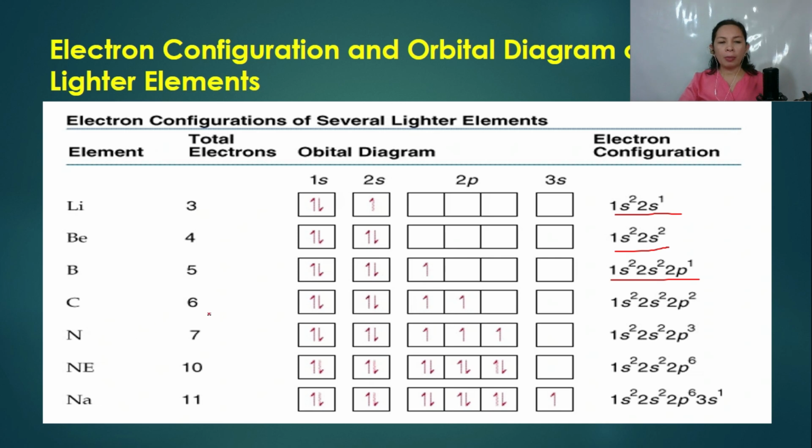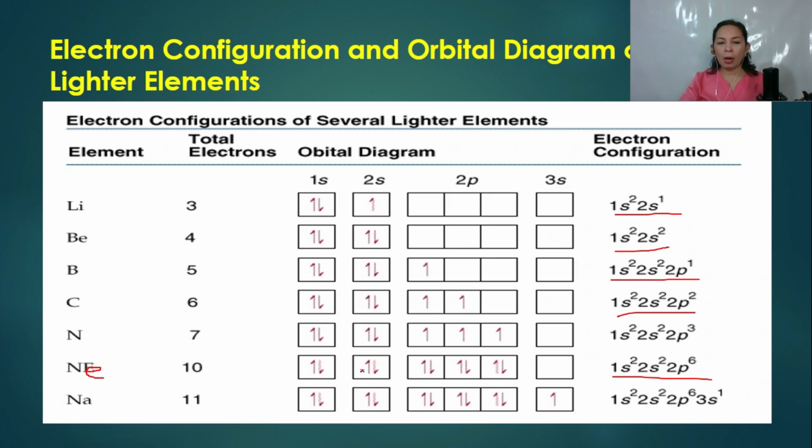For carbon, we have 6, and this is our electron configuration, and this is our distribution of electrons. And for nitrogen, we already discussed that a while ago. And then for neon, 10 electrons. So this is our electron configuration: 1s2, 2s2, 2p6.